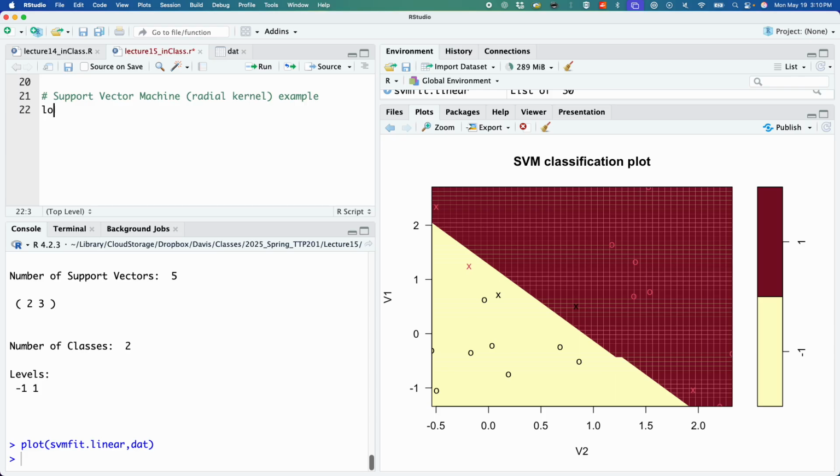Okay, so the next thing that we're going to do is the next example, which is a support vector machine, which means that we can do non-linear hyperplanes. So I'm going to load in the data.